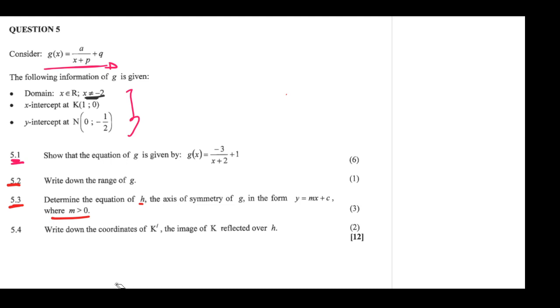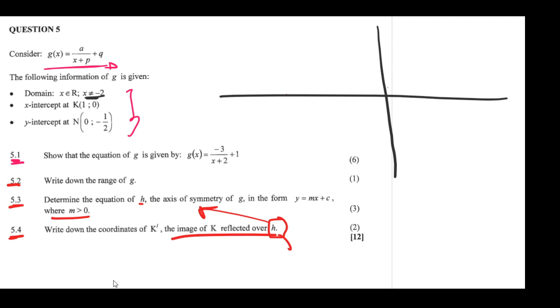Now let's do 5.4. Write down the coordinates of k prime, the image of k reflected over h. Remember, h is your axis of symmetry. Don't forget that. So let's do this. Say we are drawing our hyperbola, and I'm just going to use this equation here. So my vertical asymptote is negative 2, so it's this one here, x equals minus 2.